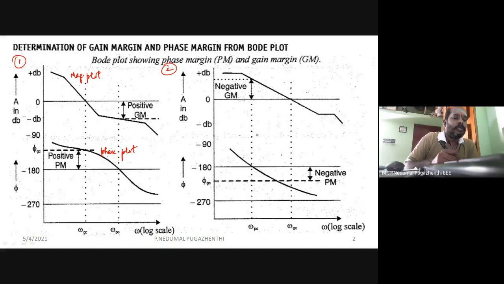So how to calculate your phase margin? Phase margin is calculated by seeing where your magnitude plot crosses the 0 decibel line.